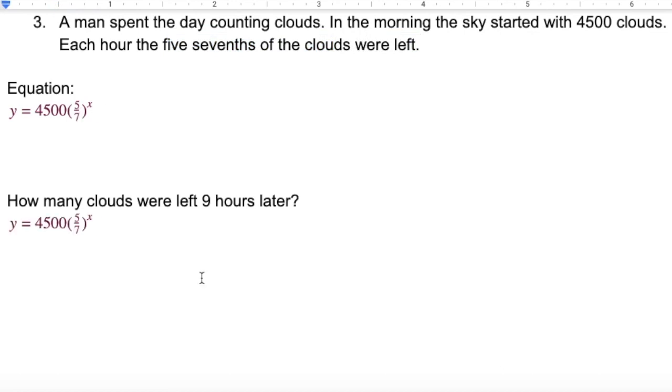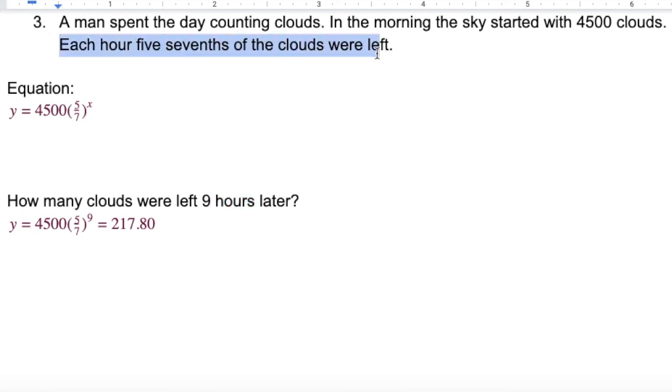All right, how many clouds are left 9 hours later? So you put a 9 right here because the question's asking about hours. And the situation up here says each hour 5/7 of the clouds are left. So the time is the same in both, so you can just put the 9 in there.